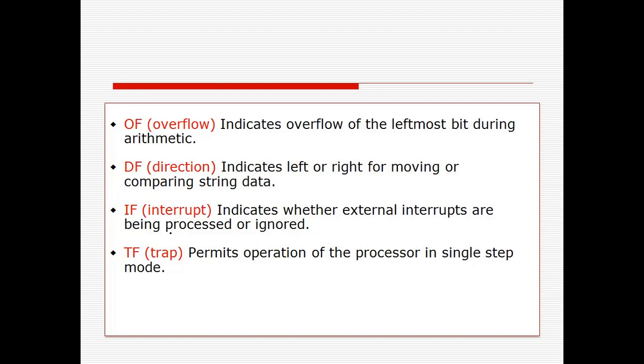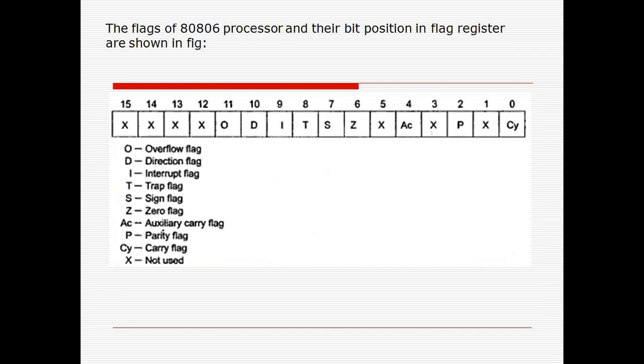Okay, so this is about the flags of 8086. Here you can see the bit positions of each flag: D0, D1, D2, D3, D4, 5, 6, 7. The bit positions of the flags are very, very important.